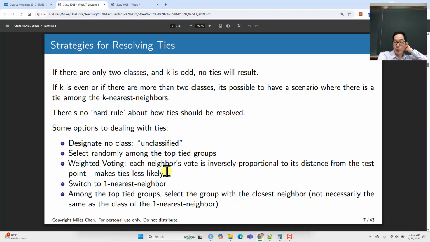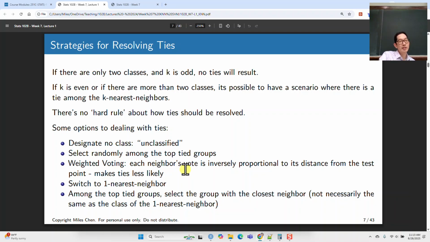You can also have weighted voting, where the votes of neighbors that are closer count more, and the votes of neighbors that are farther away count less. Then you have this numeric scaling, and you're less likely to run into a tie.